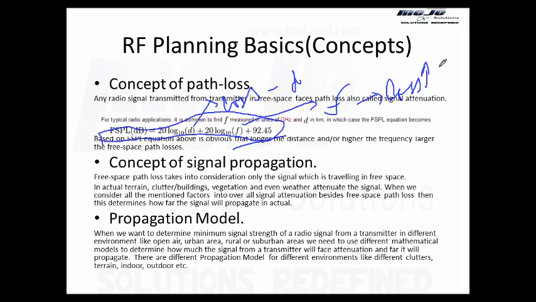The question was why 92.45? Then again, you will have to go through how this equation is derived. If you know how this equation has been derived, then you can understand why it's 92.45.